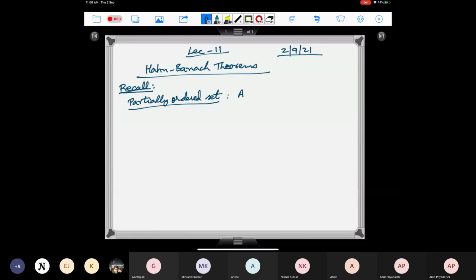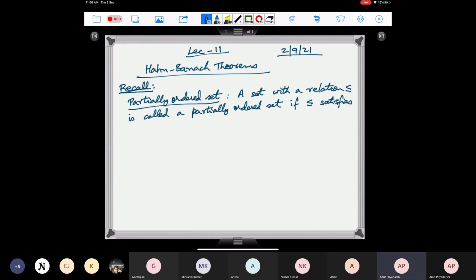So a set with a relation, we'll denote it by less than equal to, is called a partially ordered set if this order satisfies three properties.